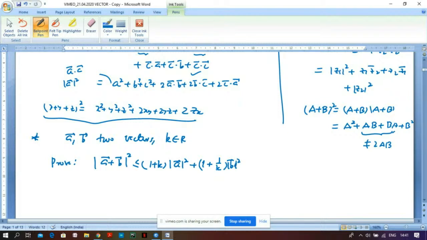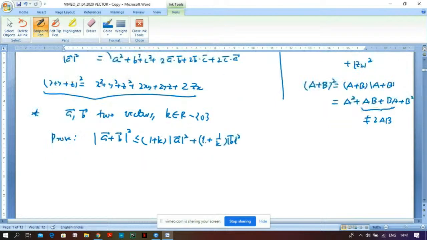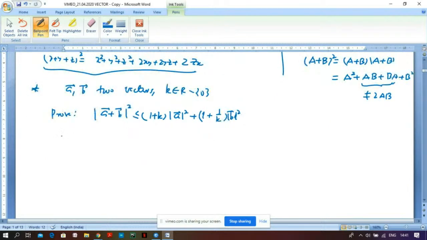For this to make sense, k cannot be 0, and so I may write k belongs to R minus 0. So this looks like inequalities, but you can take care of it.